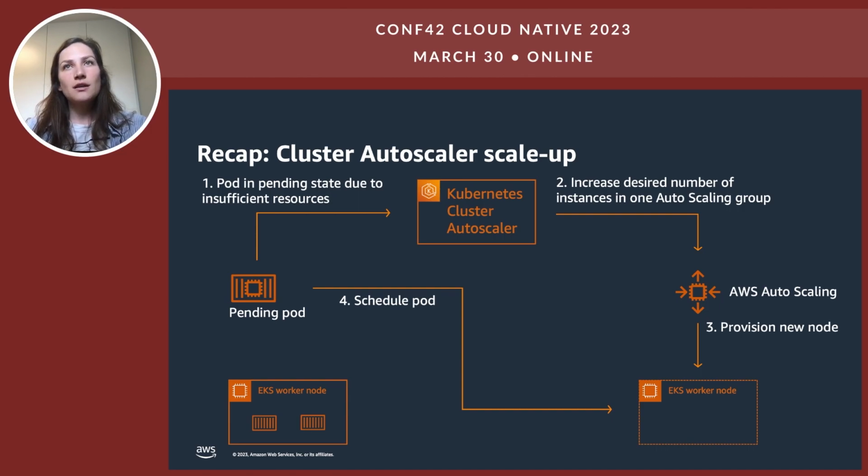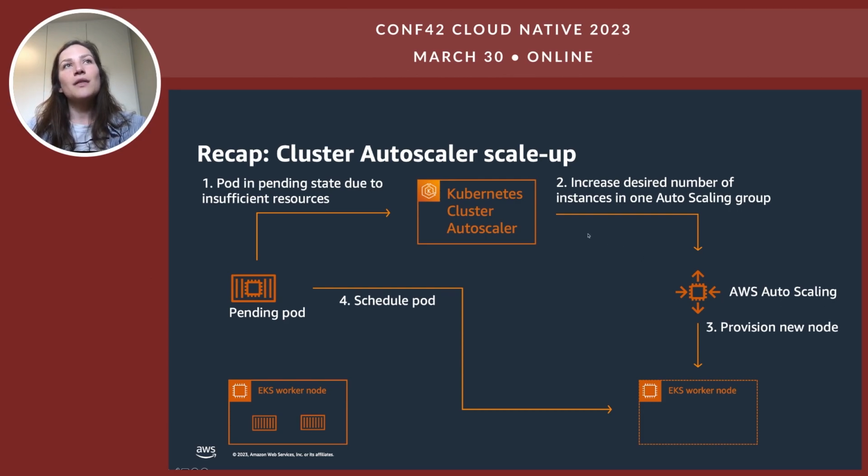The solution of cluster autoscaler to this problem is to replicate and run multiple autoscaling groups in your environment. So if you know that you have applications that require 2xlarge instances and others require 12xlarge instances, simply run a lot of autoscaling groups.